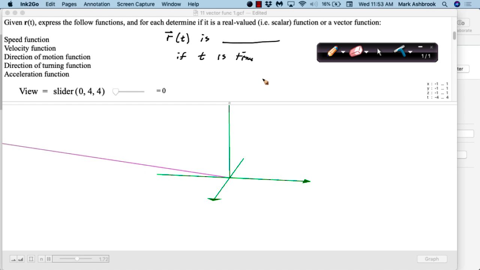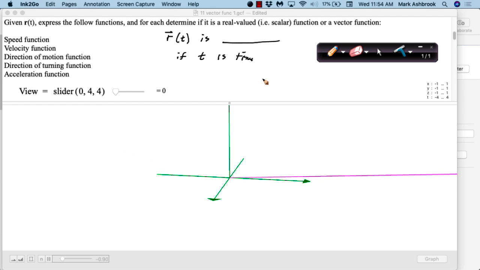Vector function. Vector is referring to the output, the dependent variable, right? It's what the function gives. If it's a vector function, the function is giving vectors.